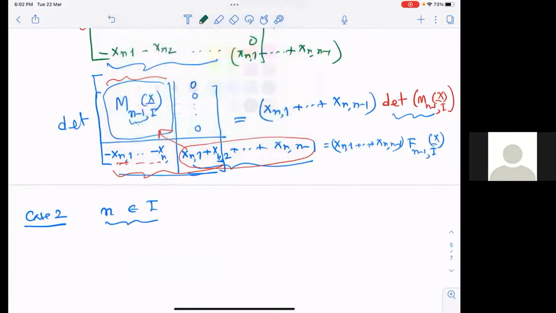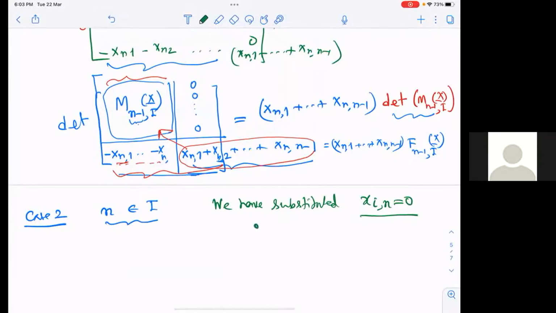And also we have substituted these variables xin equal to 0. These things are not there. So n has become like an isolated vertex, because any incoming edge variables we have deleted.